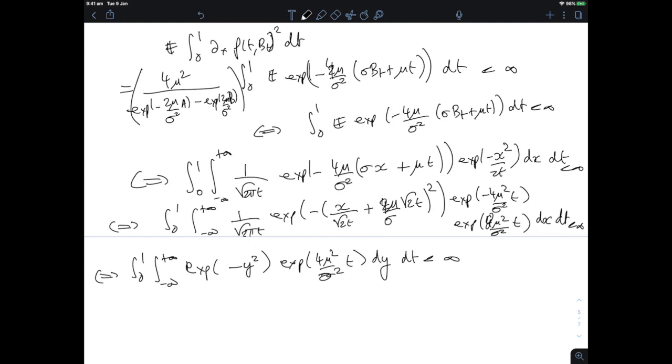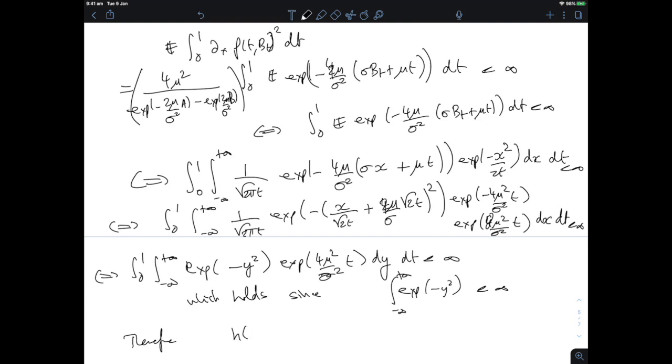And now this is certainly finite, because this here is a finite number and this is in L1 of R. So we have an integral.